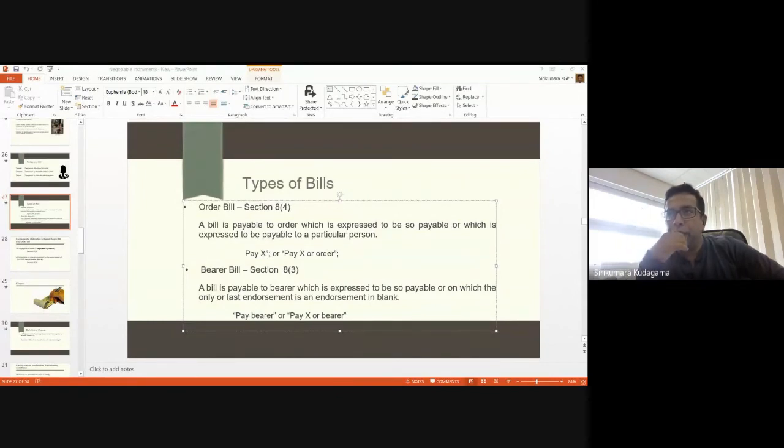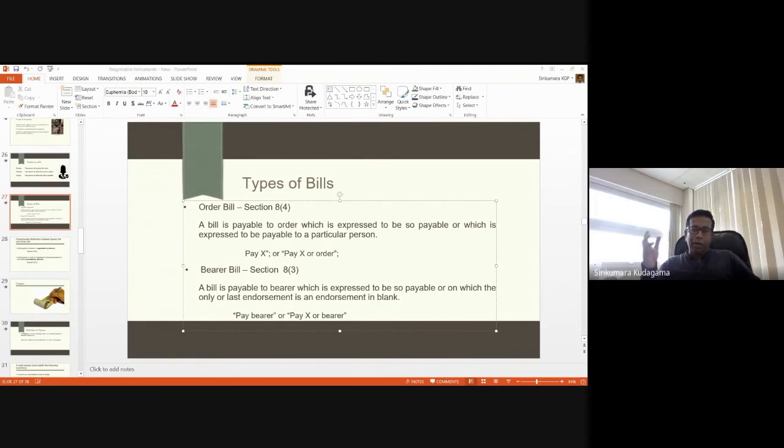If the endorsement is done in the name of a particular person, then that bill ceases to be a bearer bill and again becomes an order bill. I think that's what you wanted to say. But the endorsement can come from anyone because Y has opened it up to anyone by giving a blank endorsement. The point I want to draw is that even a bearer bill can become an order bill.